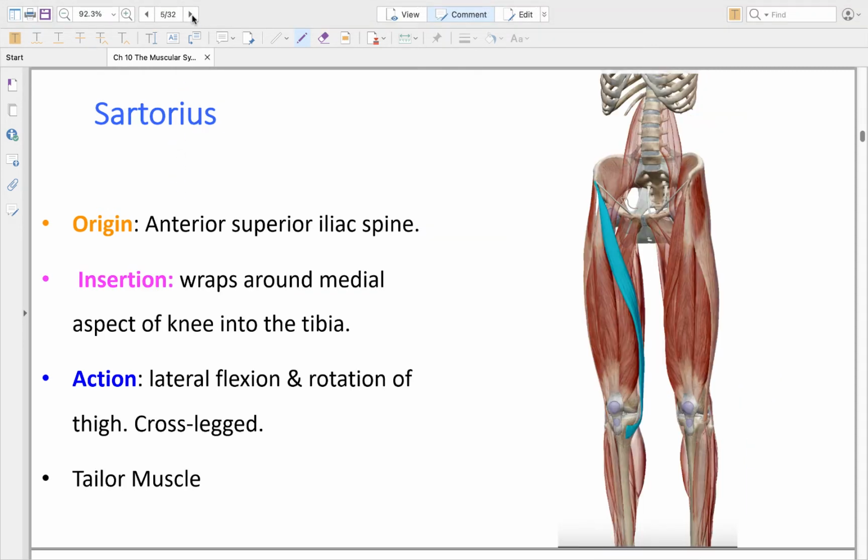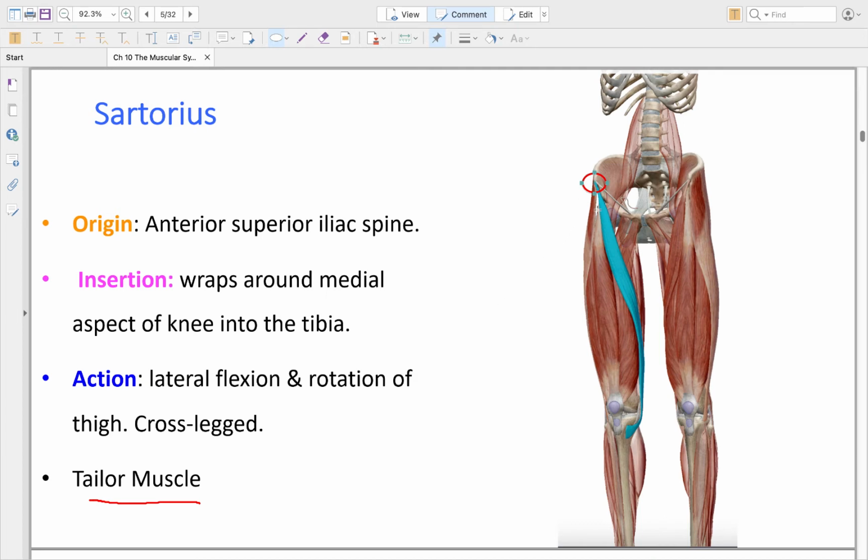Sartorius. Sartorius muscle is referred to as the tailor's muscle. It got this name a long time ago when seamstresses and tailors basically crossed their legs while working on their sewing machines, and it just got that name. The origin is the anterior superior iliac spine.